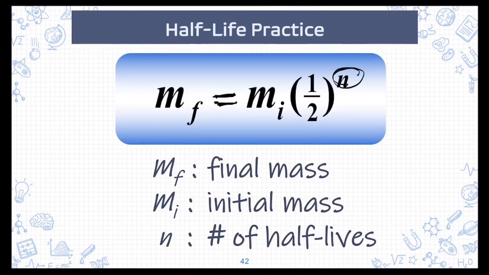If you are comfortable with algebra, it will be very simple to solve for the final mass and also very simple to solve for the initial mass. Calculating n requires additional steps on your calculator, and if you have not covered how to solve for exponents yet in your algebra classes, then you may want to opt for the chart to show your work.